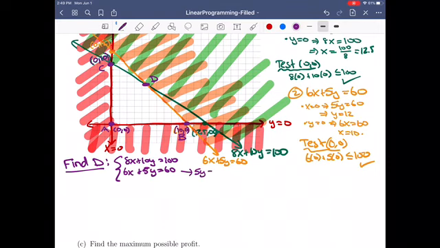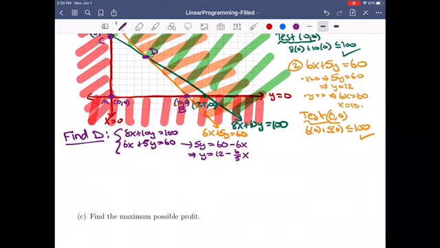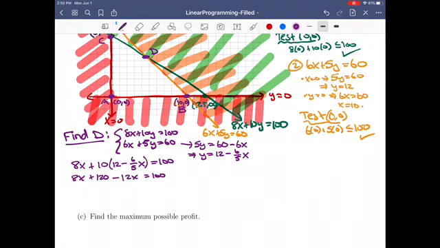So 5y is going to be 60 minus 6x, which means that y is 12 minus 6 over 5x. And then if I plug that into the other, I have 8x plus 10 times 12 minus 6 over 5x should be 100. So that's 8x plus 120 minus 12x should be 100.